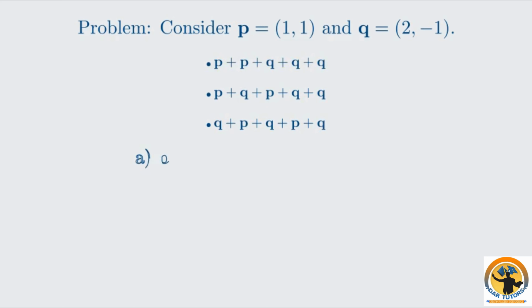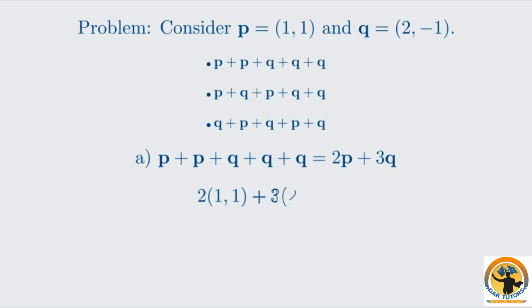The expression p + q + q + q can be written more compactly as 2p + 3q. Calculating this, we get 2 times the vector (1, 1) plus 3 times the vector (2, -1). This simplifies to the vector (2, 2) plus the vector (6, -3), which equals the vector (8, -1).